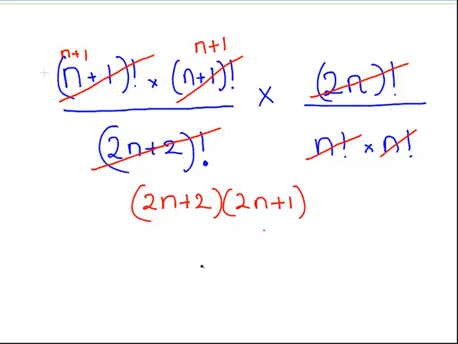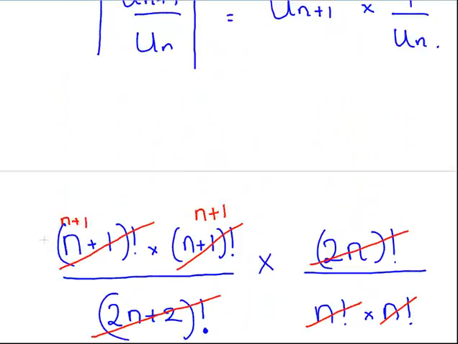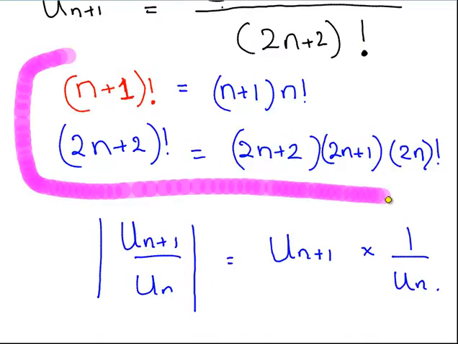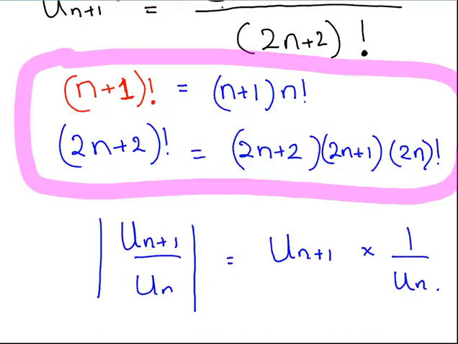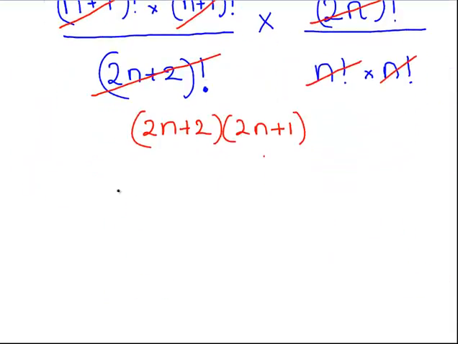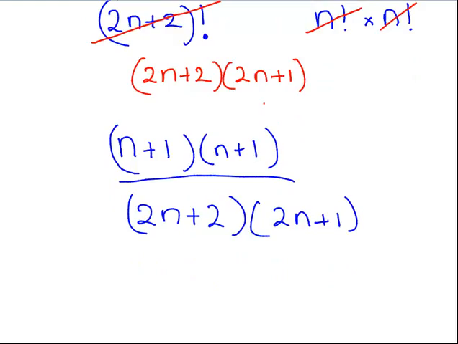So what we're left with, when we go through all these cancellations, and I'll be clear where they're coming from, particularly this stuff here. If we tidy that up, we get n plus 1 times n plus 1 over 2n plus 2 times 2n plus 1. What we can do now is express that as a polynomial.